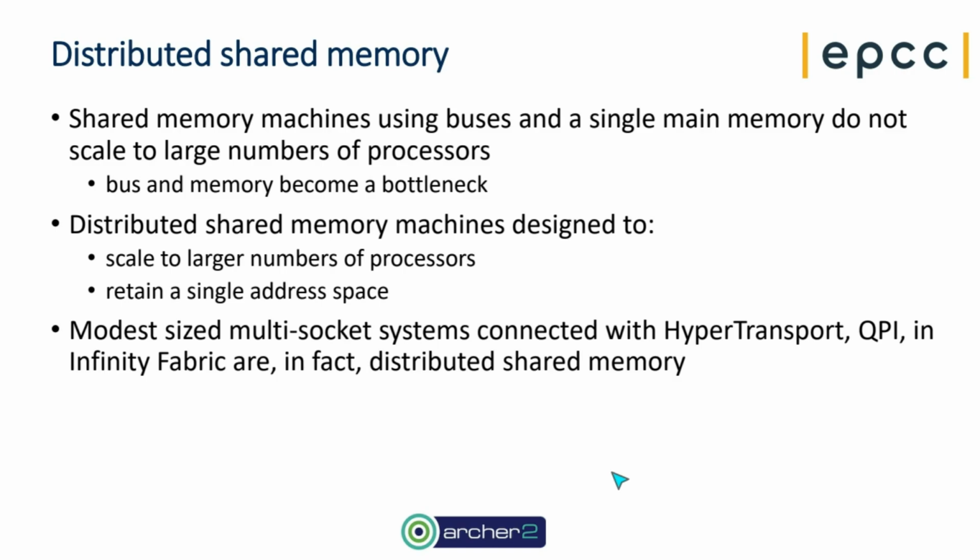And lastly, about memory, we talk about distributed shared memory. The mental model you might have is that the main memory is a single monolithic block of memory, but in fact it's not physically organized like that, because eventually the access to that single block of memory would become a bottleneck. On a system like ARCHER2, you've got 128 cores; if they were all trying to access the same block of memory, that would become a bottleneck.